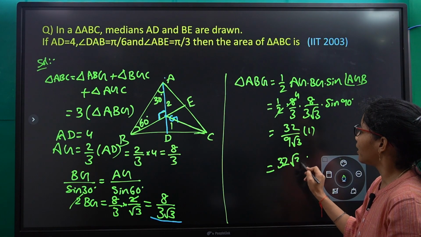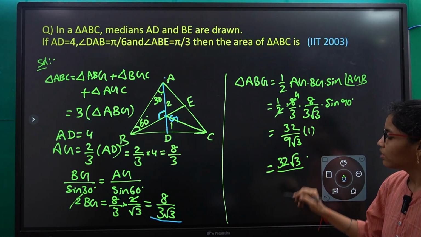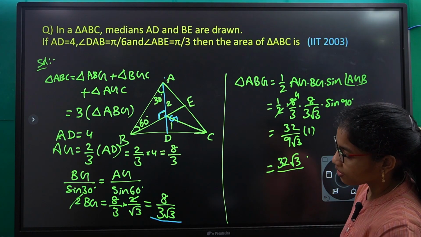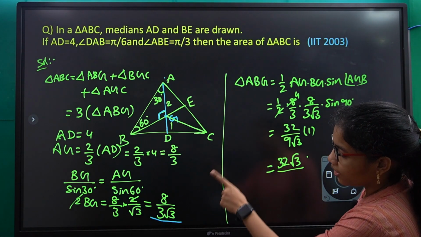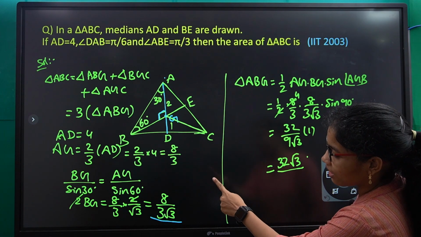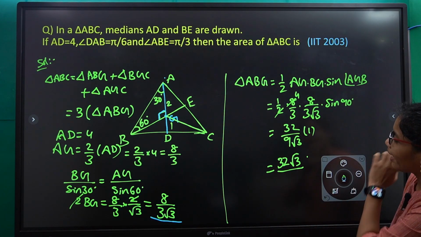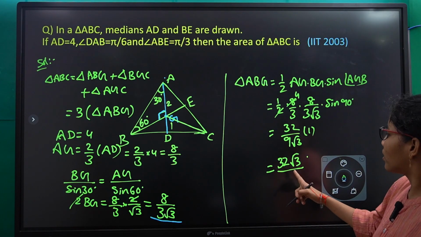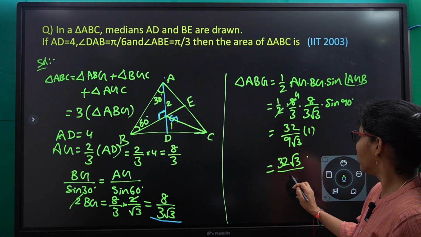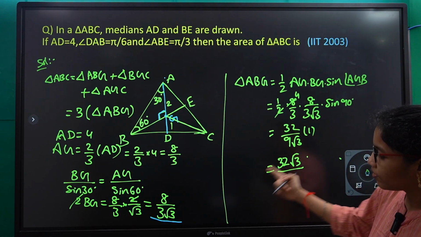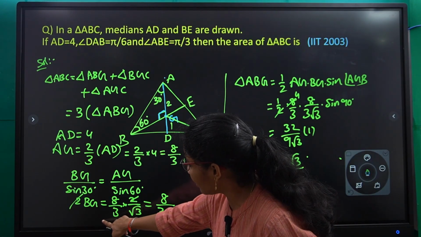32 into √3 by how much? 27, right? So here sine 30 is 1/2. AG is 8/3, sine 60 is 2/√3, 8/3 √3. And AG is how much? 8/3, right? So 32 √3 by, is it correct? So here it is 8/3.